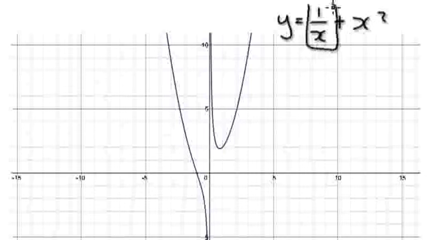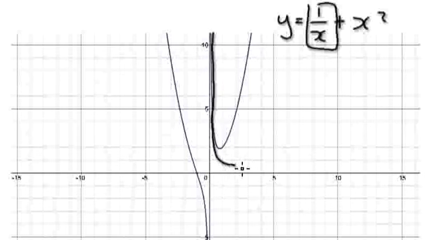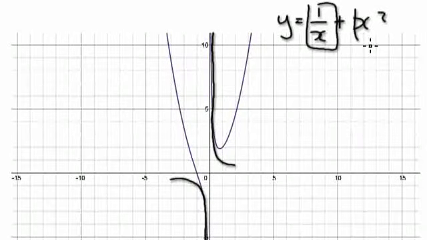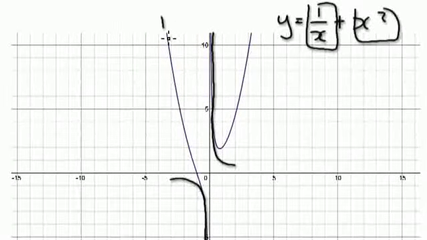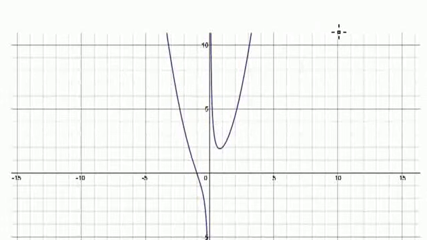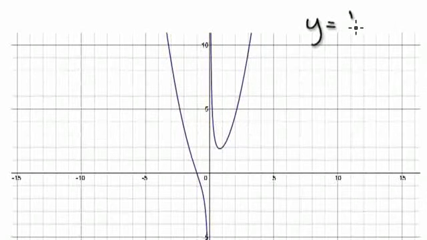Now, when x is small, it wants to do this, and you've got to combine it with this here. This is your x squared. Y equals 1 over x plus x squared.